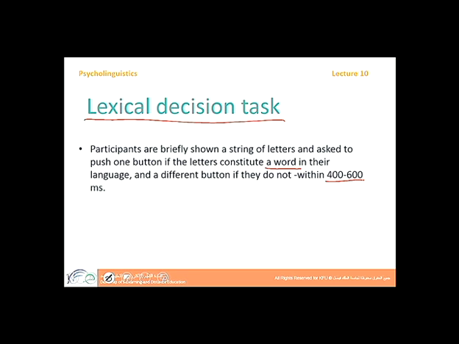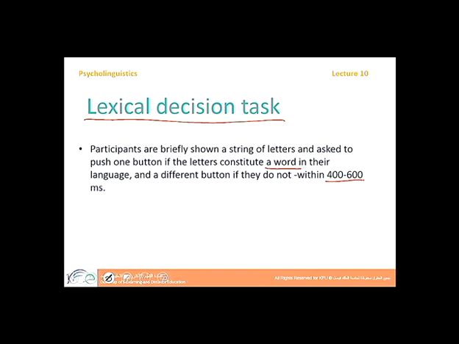And then we say, I'm going to show you a string of letters. If it's a word, press this button. If it's not a word, press this button. All right, then we start showing them the words. They keep saying yes, no, this is a word, this is not a word. In less than a fraction of a second, so 400 to 600 milliseconds only for each word or non-word.